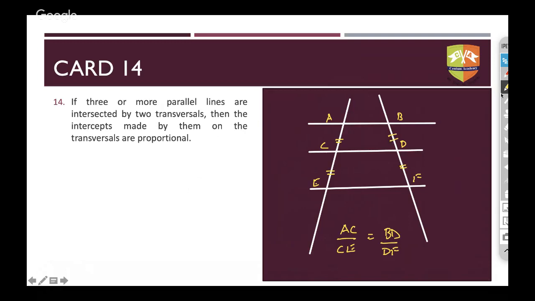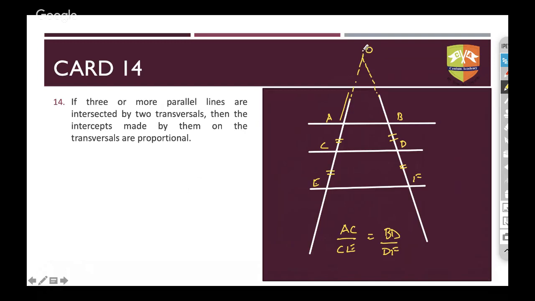Which is again very easy to prove. How do you prove this? You produce this, and then take triangle ACD first, and then take triangle AEF with AB as the parallel line, AB parallel to CD. So you first take triangle ACD. Let's say this point is O. From that you will get OA upon AC is equal to OB upon BD.